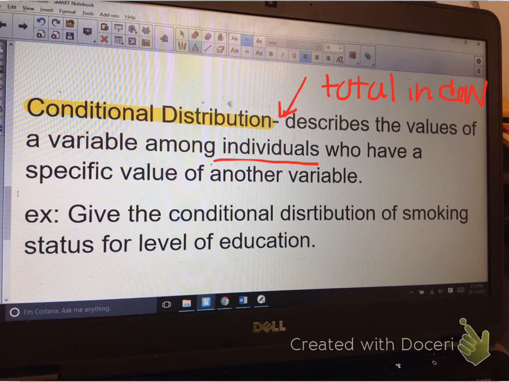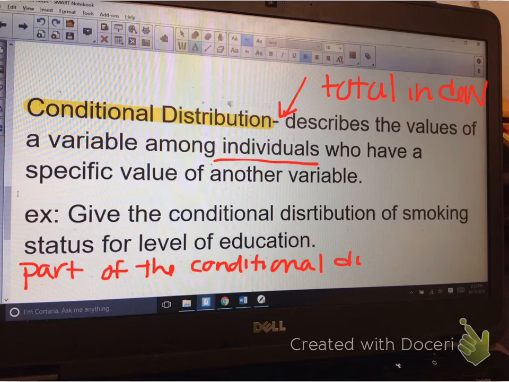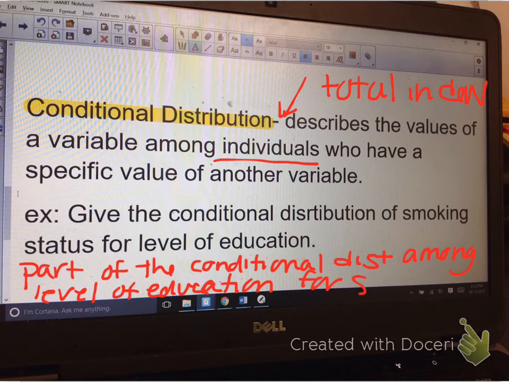Okay, so give the conditional distribution of smoking status for level of education. So what I'm going to do right now is I'm going to give you part of the conditional distribution among level of education for smoking status.